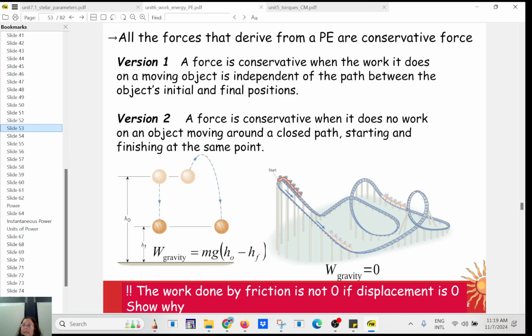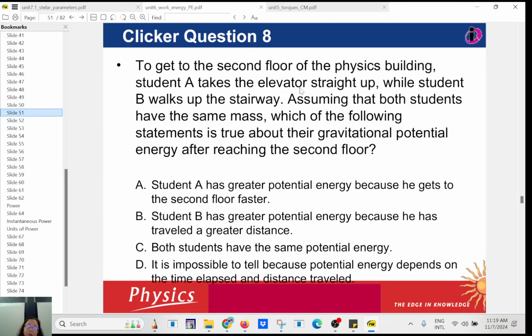Okay, so it's independent of the path. The work done by a conservative force is independent of the path, and if you go back to the same place, the work done is zero. It's a lot of physics hiding in there.